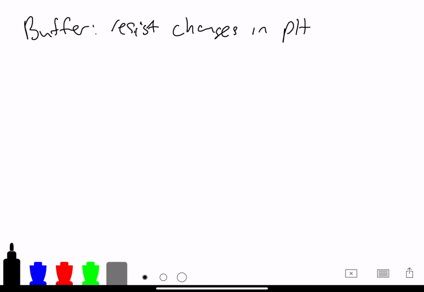A good example of a buffer inside of you is actually in your blood. Inside your blood you have a bicarbonate buffer, and it works like this.